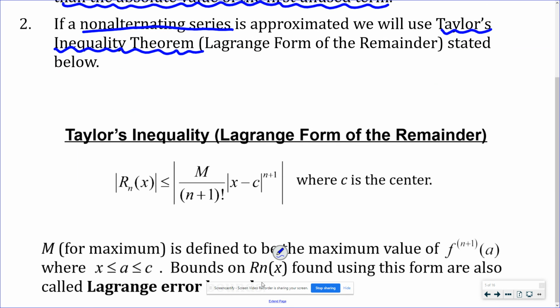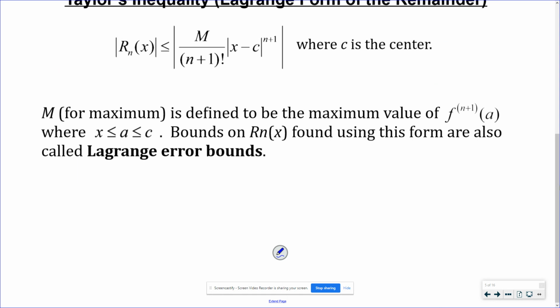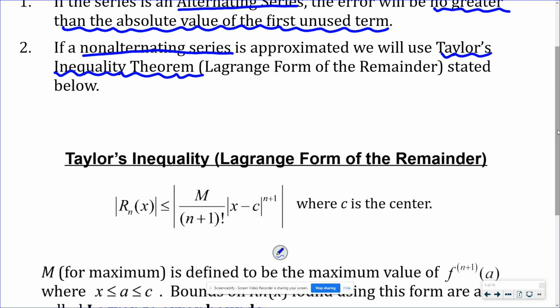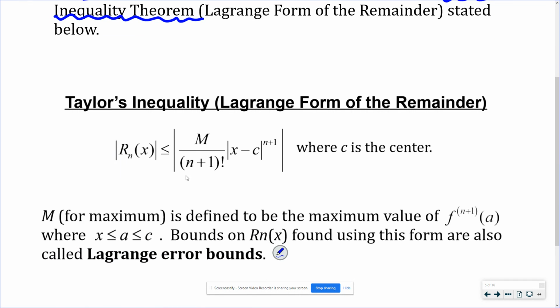So in the Lagrange form of the remainder, for a non-alternating series, instead of stating what the next term would be, we will say what the maximum value of that term could be, and we'll use that to help us determine the remainder. This maximum value may or may not be given.